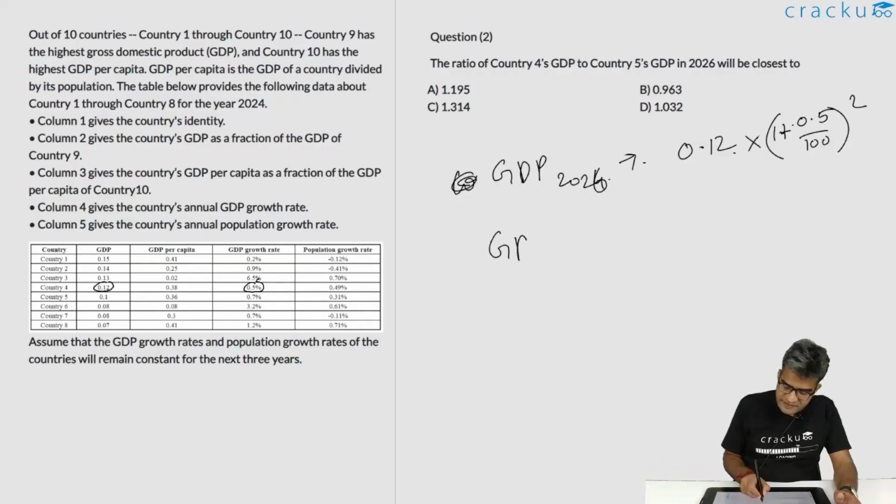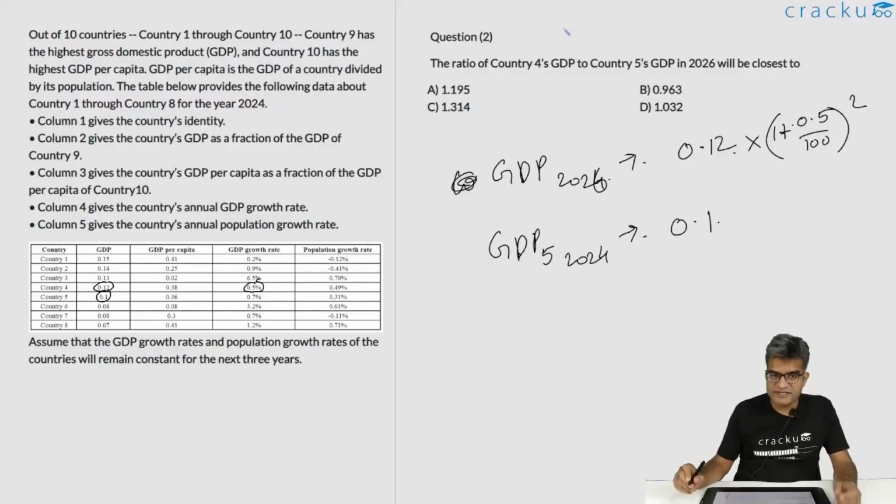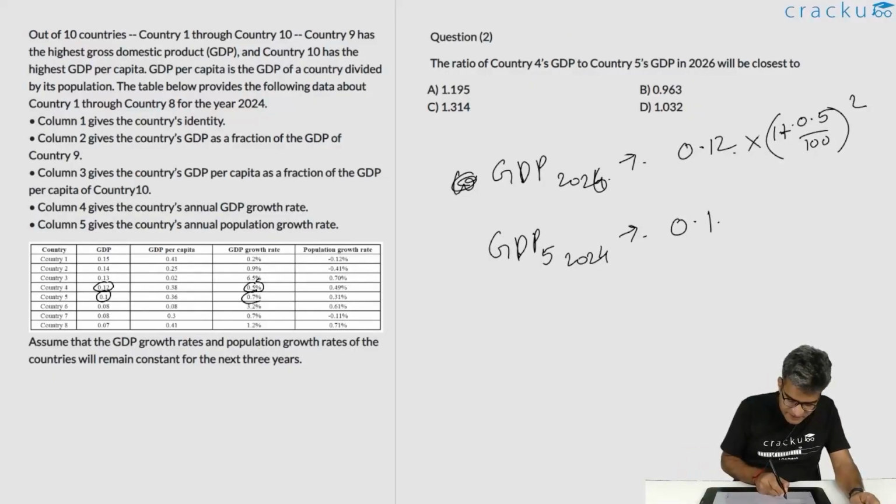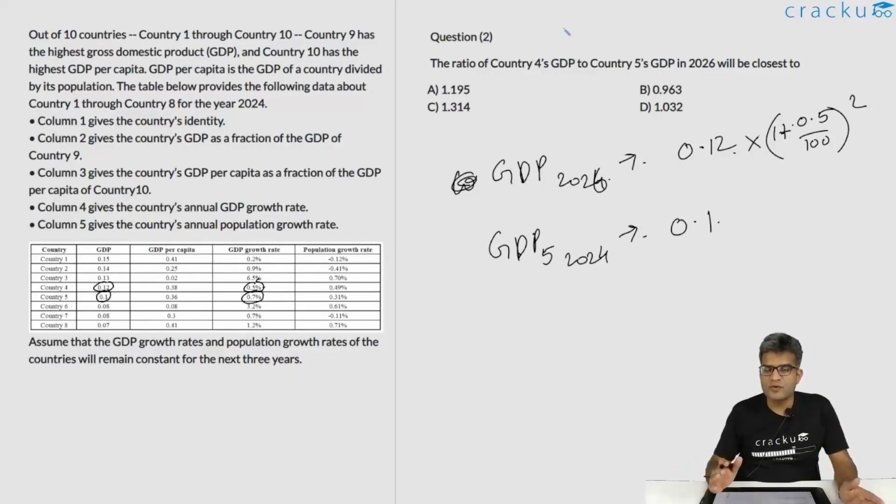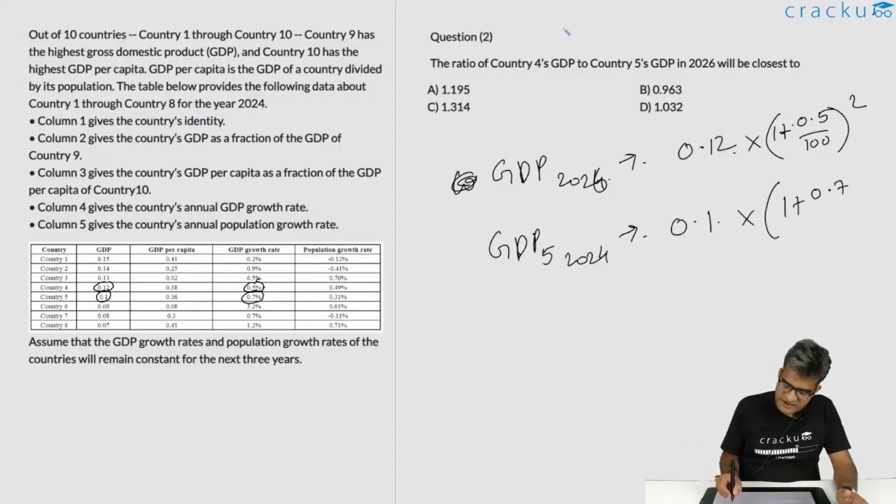Similarly, what is the GDP of country 5 in 2024? That is 0.1. What is the GDP growth rate? It is 0.7%. So you have to compound it over 2 years. So this is into 1 plus 0.7 divided by 100, whole square.